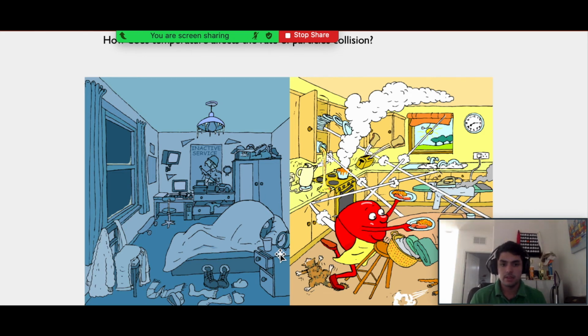Instead, the right side represents a higher temperature, which is during the day, and you can see how everything is moving, bouncing. You see a cat on the ground, the dog on the right side, and he's doing a lot of things at the same time, which means there's a large amount of kinetic energy, and therefore he's more likely to react.